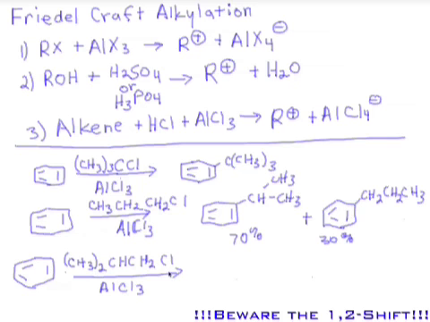In this case, if you use isobutyl chloride, you get 100% tert-butylbenzene.